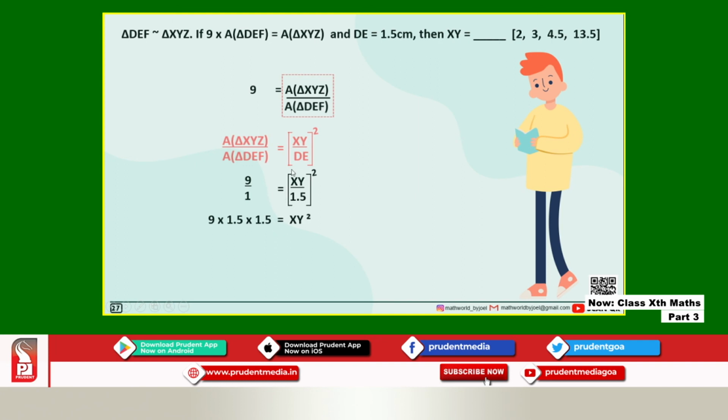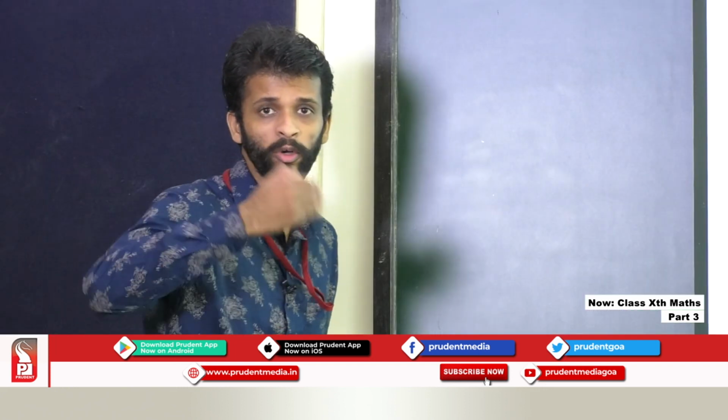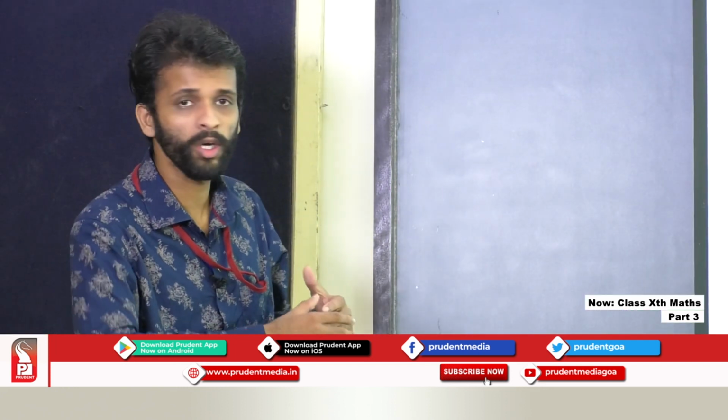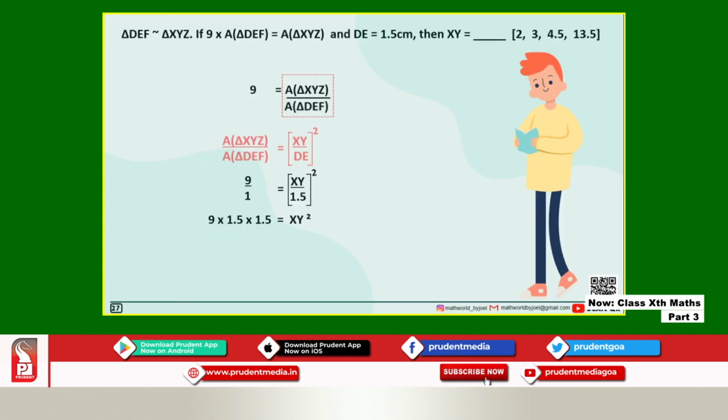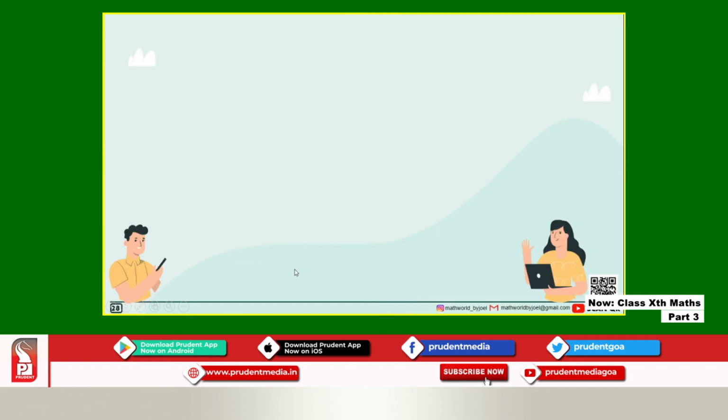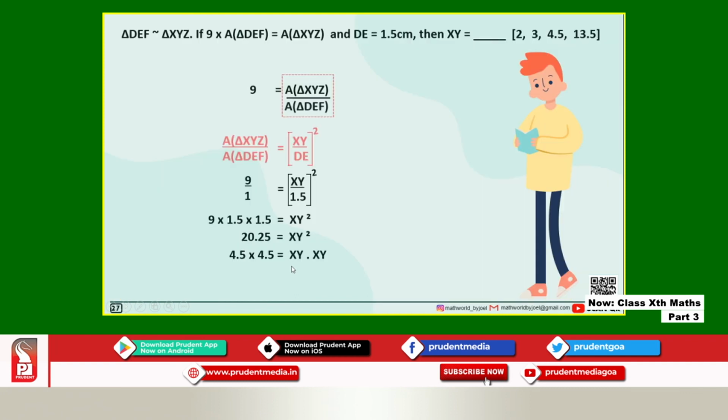It is only because there is 1.5 the whole square, which means 1.5 multiplied by 1.5. So I'm not taking a square root right away. I'll just transpose that 1.5 twice, multiplied on the other side. After calculating this, you will get 20.25 as XY square, and taking a root will become 4.5, because 4.5 into 4.5 is 20.25. And that's how you get the answer to be 4.5.